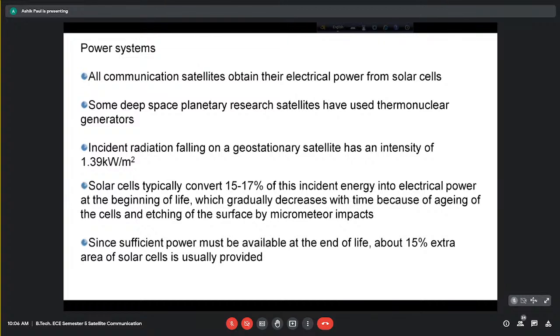Now, typically, the incident energy falling on a geostationary satellite has an intensity of nearly 1.4 kilowatt per square meter. That means 1 square meter, something like maybe 3.5 feet by 3.5 feet.